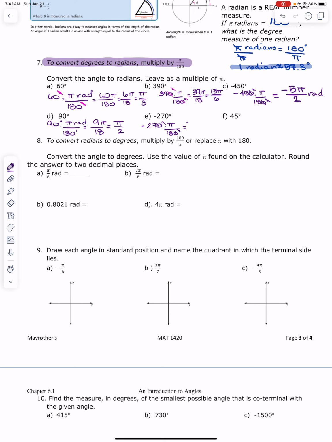I got negative 27 pi over 18. So negative 3 pi over 2. Notice this is the same thing as negative 3/2 times pi. We typically go ahead and put that pi in the numerator. Make life easier for us.